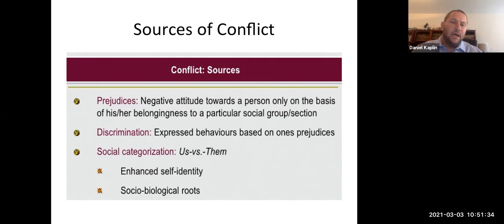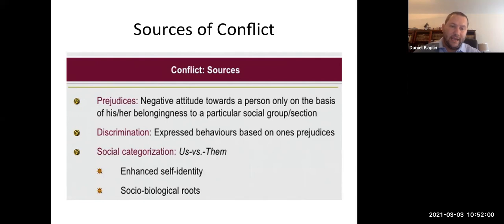And then social categorization, the us versus them, it's the in group versus the out group. That's what that is. We're going to always show favor to those who are more similar to us, and we're going to show negative biases and prejudices versus those who we categorize as the out group or the them.